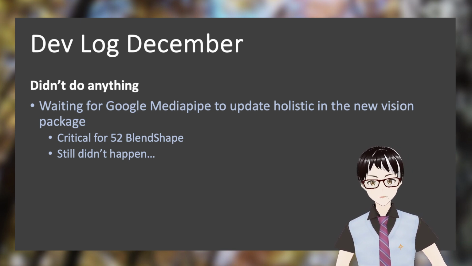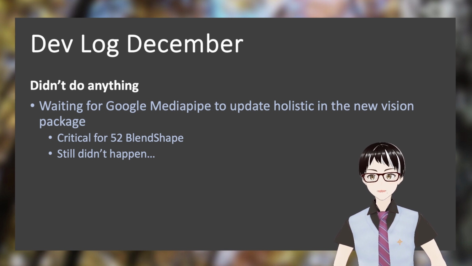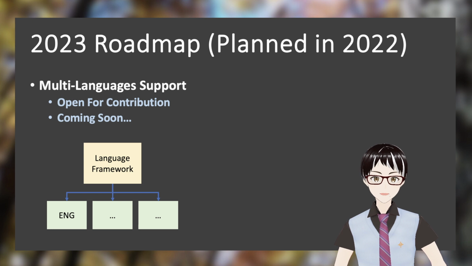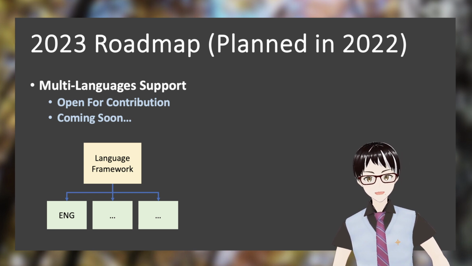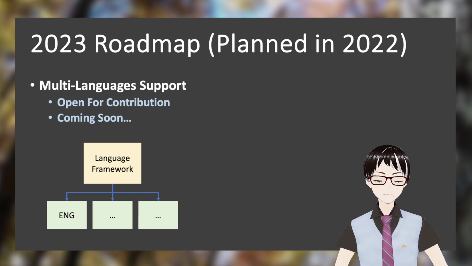But other than December, we actually did quite a lot last year. Looking back at the plan we set in 2022, there was only one item: multi-language support. And we're glad to say that we actually have multi-language supported.